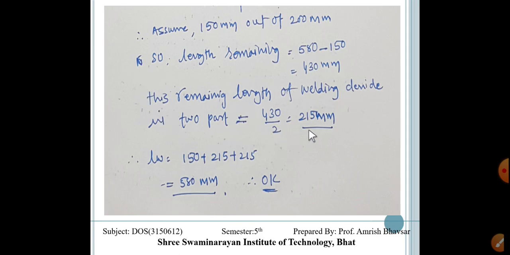So it will be 215 mm each. Now the total length exactly what we want is 580. So let's check it. The straight portion is 150 mm and the two inclined portions are 215 mm. So the total summation of these three values is 580, and our required welding length is 580. So it is correct.